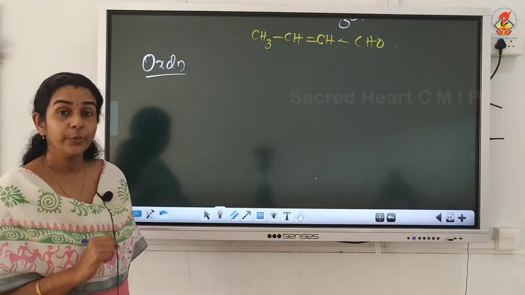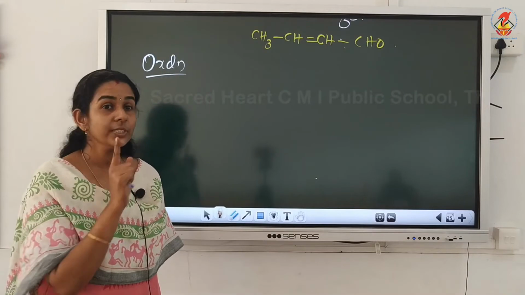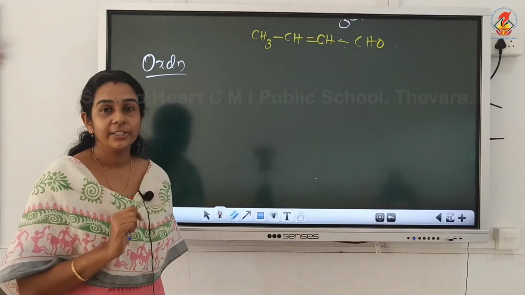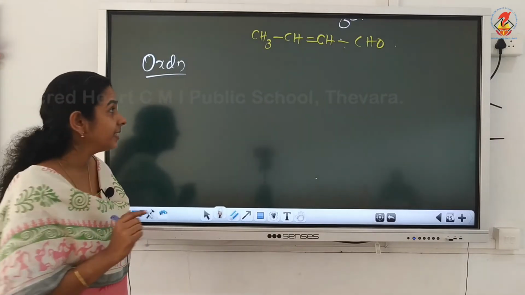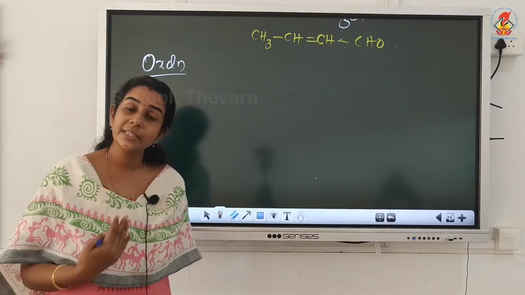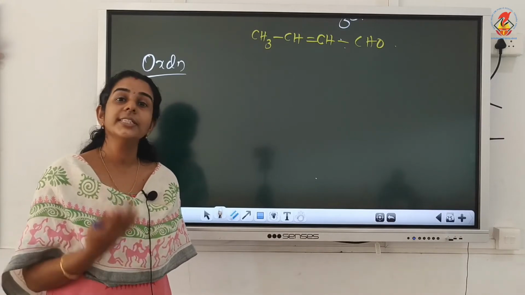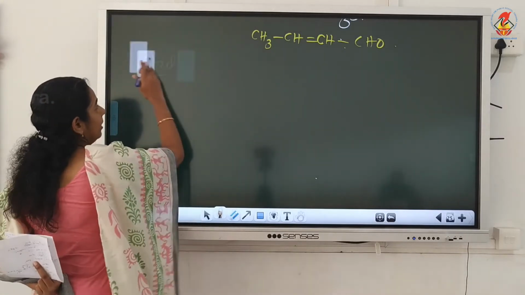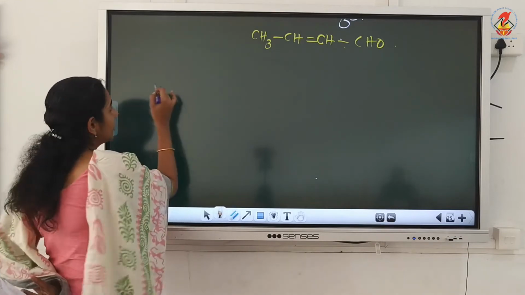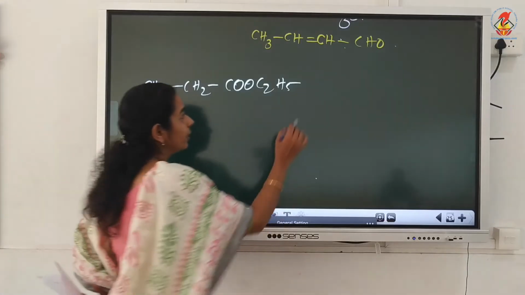There is one more advantage. Don't forget, there is one more advantage if we use dibal-H as the reagent. That means now we studied CN group can be converted to CHO. Similarly, ester group can also be converted to CHO. After that we will study oxidation. So CH3CH2, if we have COOC2H5, it is an ester group.